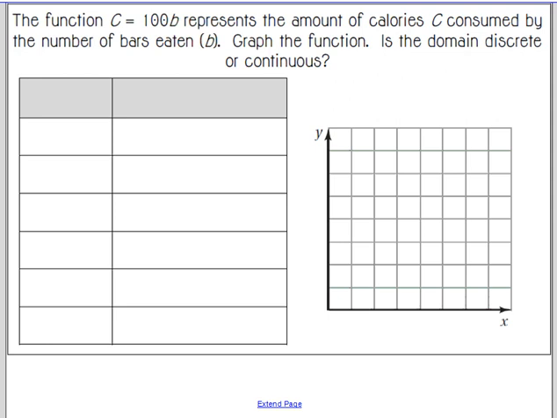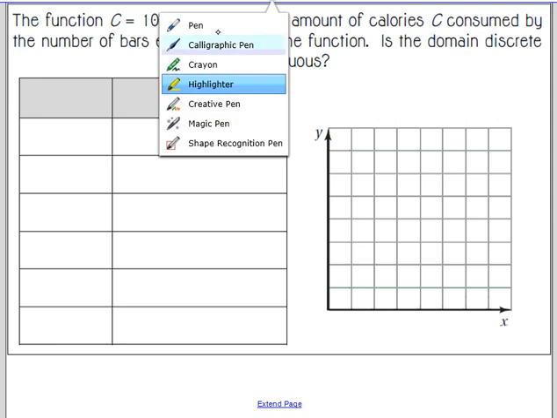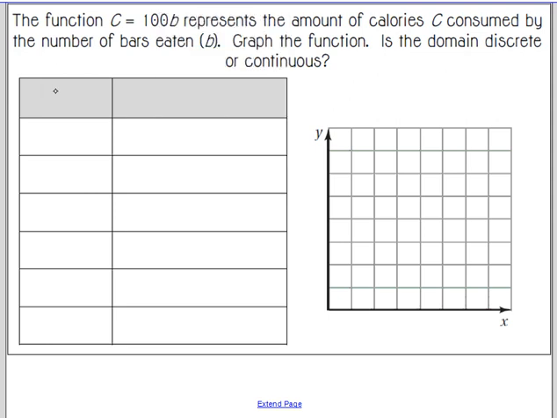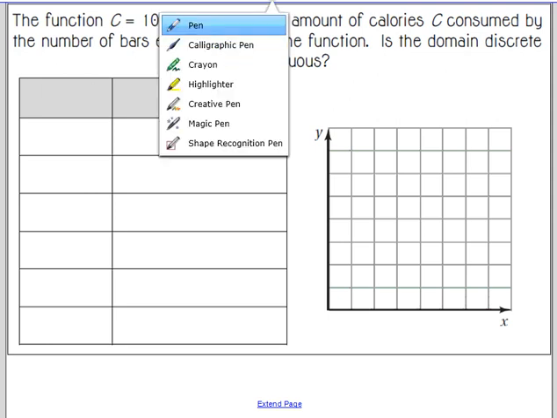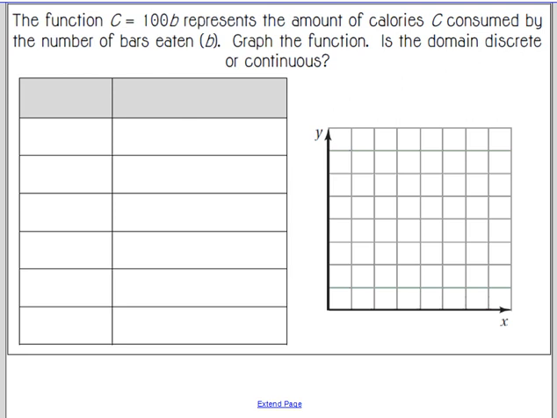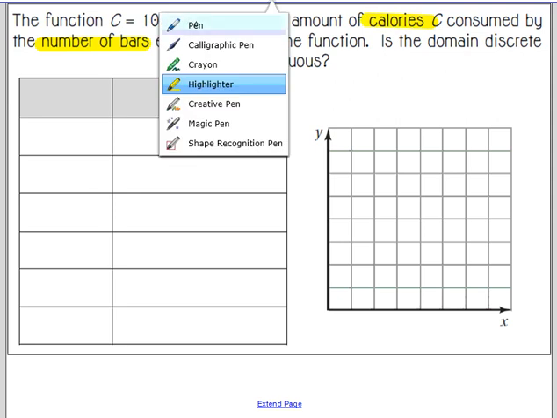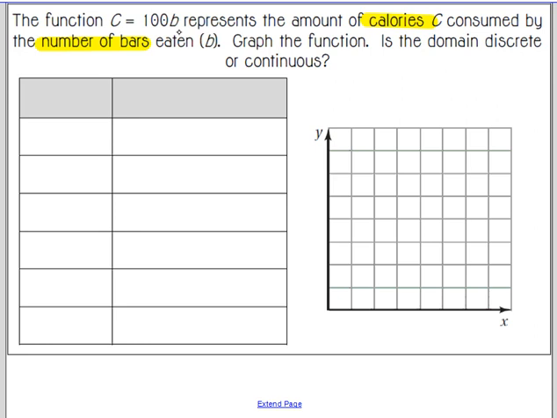So when we're identifying our independent and dependent variable, we want to consider what depends on the other. And so in this case, we are comparing the number of bars eaten and the calories that we would consume. And so our calories consumed depend on the number of bars eaten.